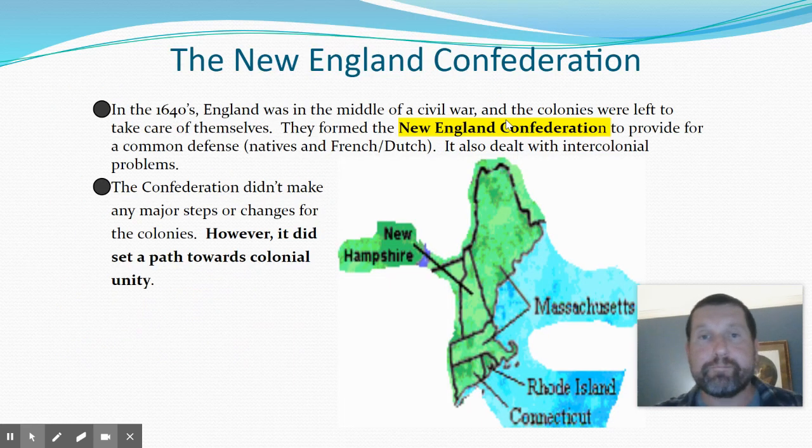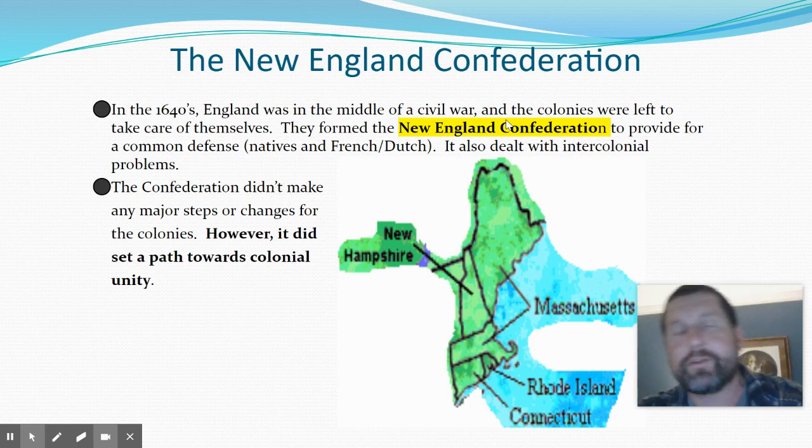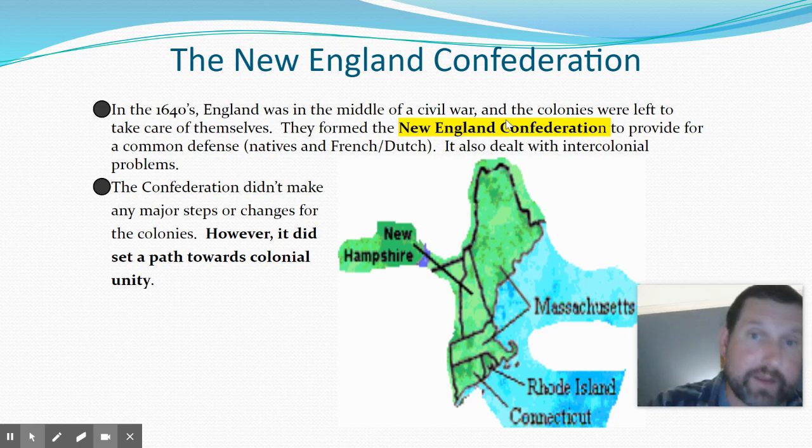Okay. But seeing as how the culture is very similar throughout the New England region, the English in these colonies formed the New England Confederation to defend themselves against the natives, against the French, against the Dutch.